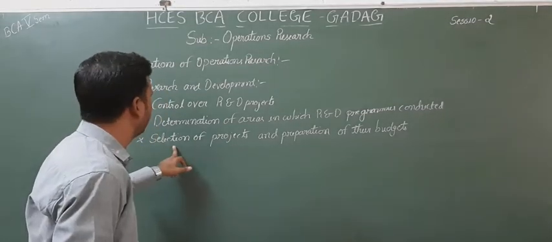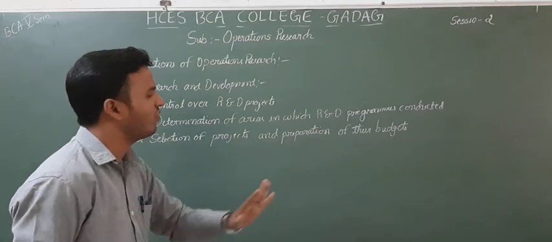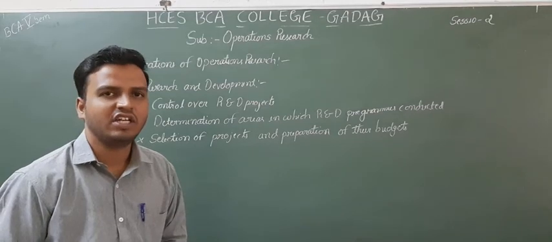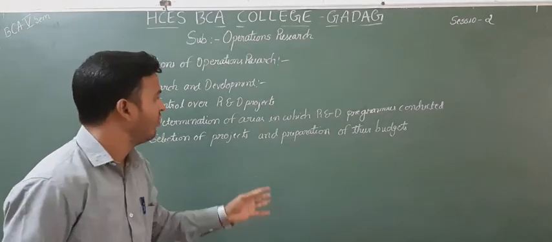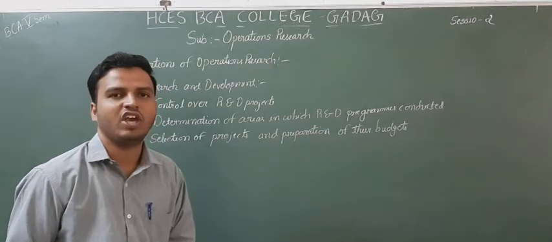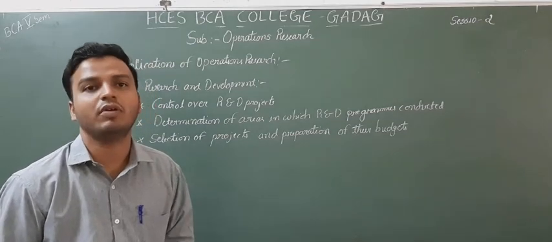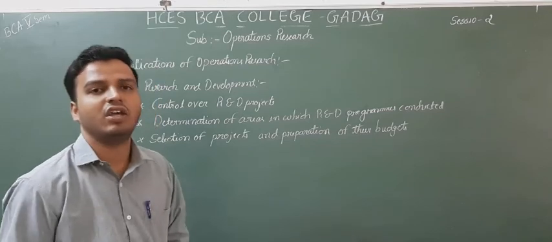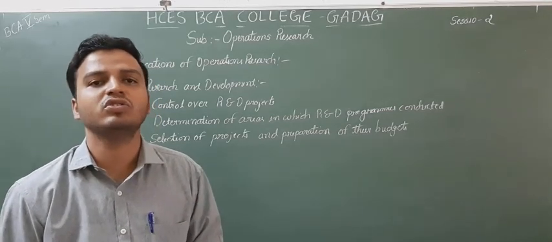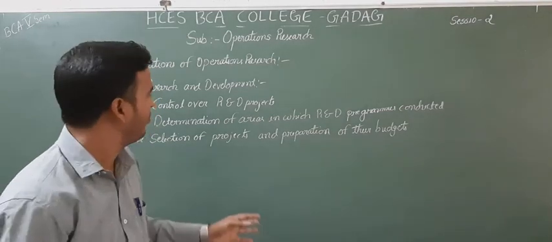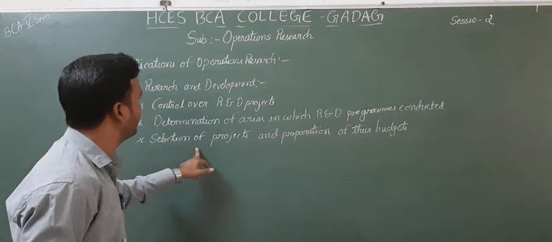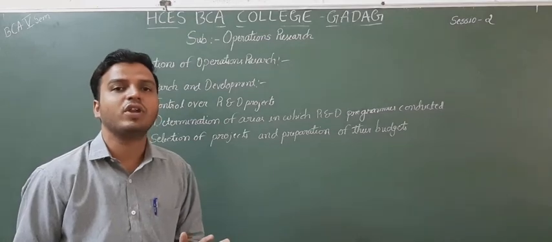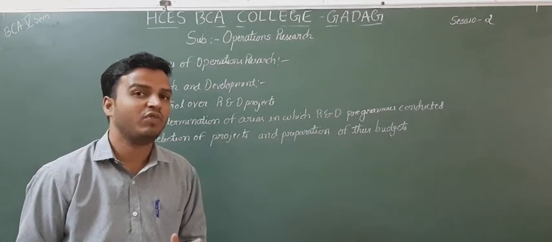Next, selection of projects and preparation of their budgets. For the selected research and development projects, we have to prepare a budget: how much amount is invested for that project, and in what way we are going to use the available resources. We have to define this well in advance. So these are the six areas where operation techniques play a very important role.